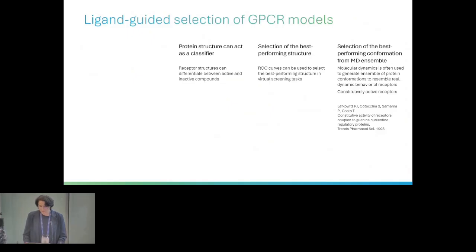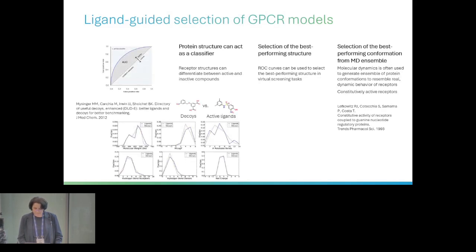One of our approaches implemented in GPCRVS is ligand-guided selection of structural GPCR models used for molecular docking. Protein structures can act as classifiers and can differentiate between active and inactive compounds in molecular docking. Here we used the Brian Shoichet Directory of Useful Decoys to generate inactive compounds for our ligand datasets.